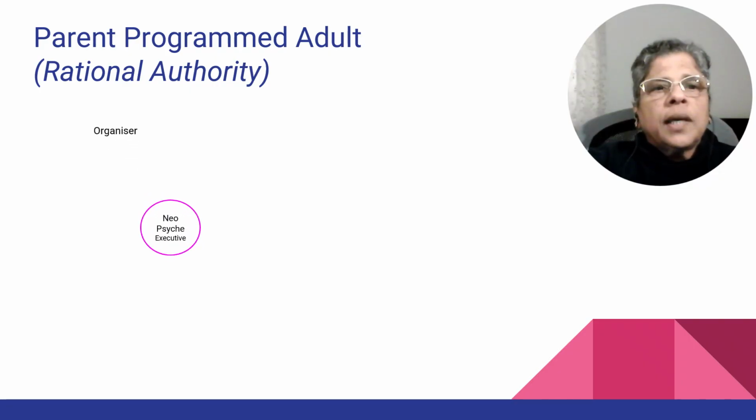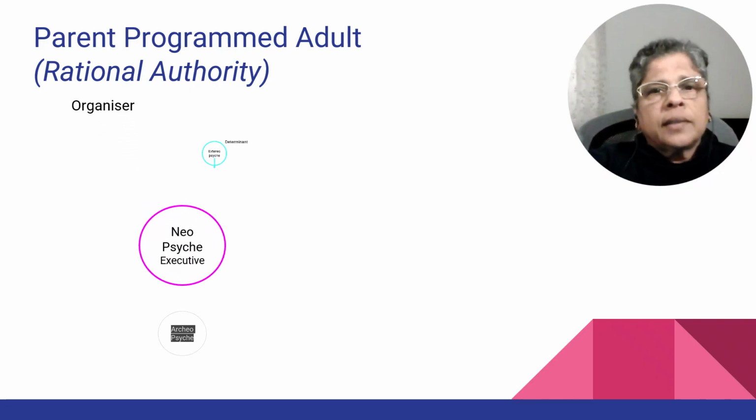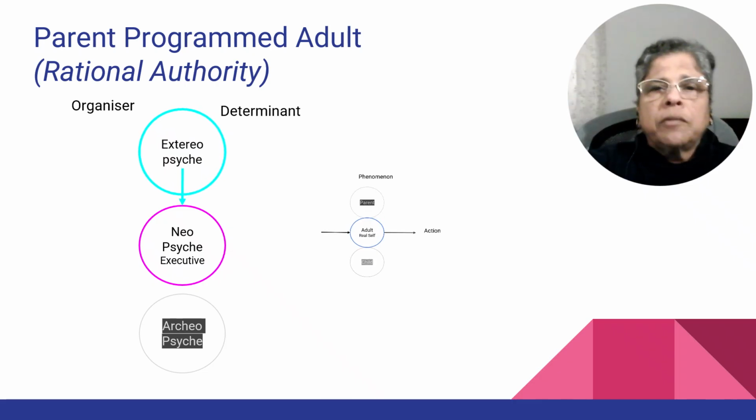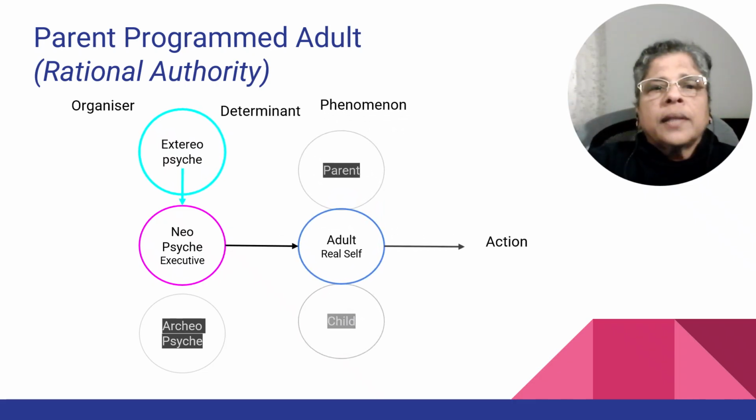When the neopsyche or the adult is the organizer and the parent or the exteropsyche is the influencer, the manifestation is a rational person. There will be authority in the person, but that person will be more rational in the expressions. It is called the rational authority.